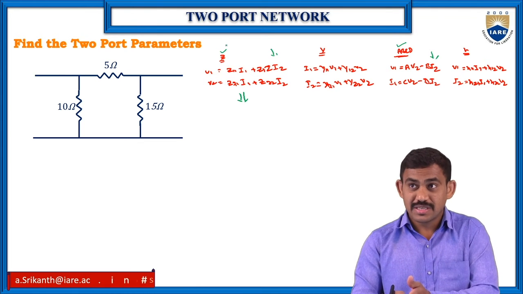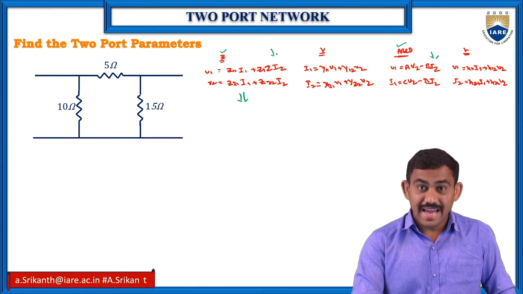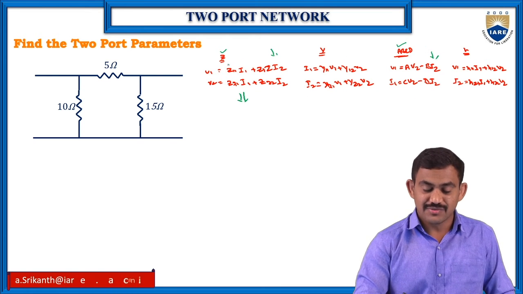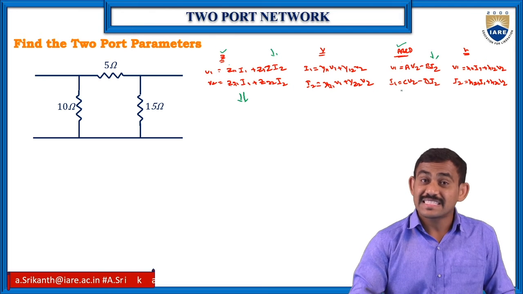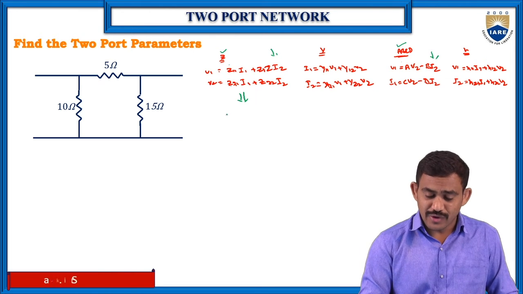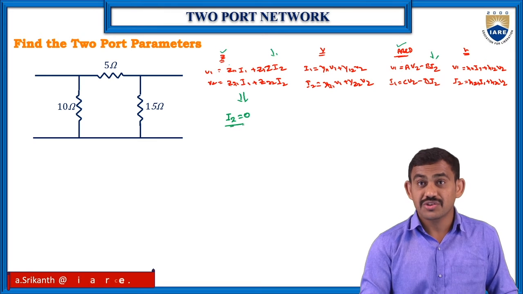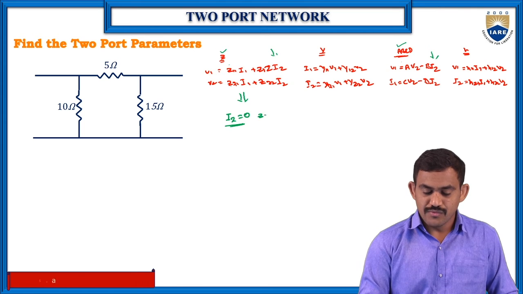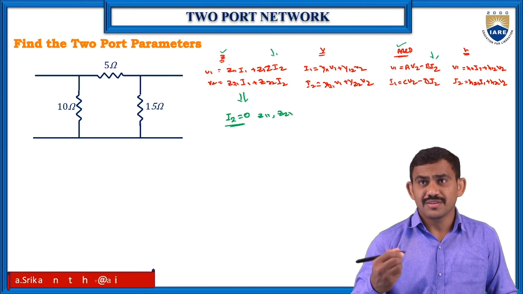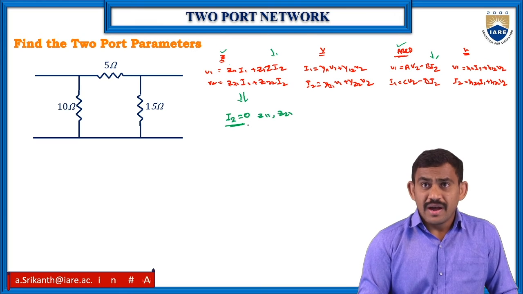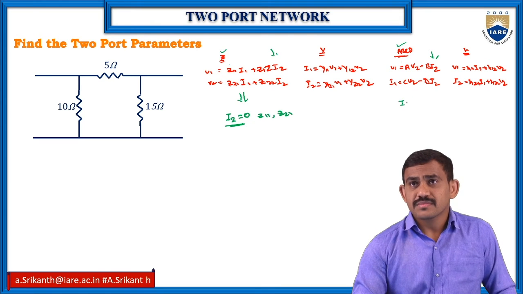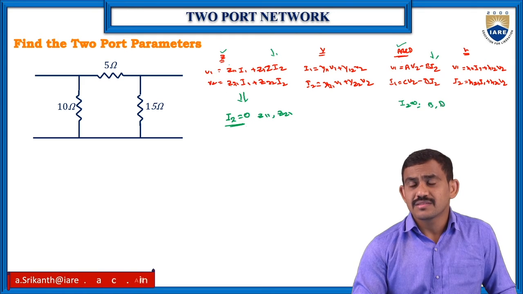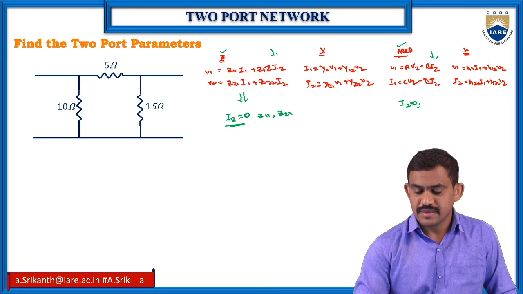We have both I2 values, and when the I2 value is 0, we'll get the Z11 and Z21 values, and here the A and C values. That is one condition: I2 equals 0.